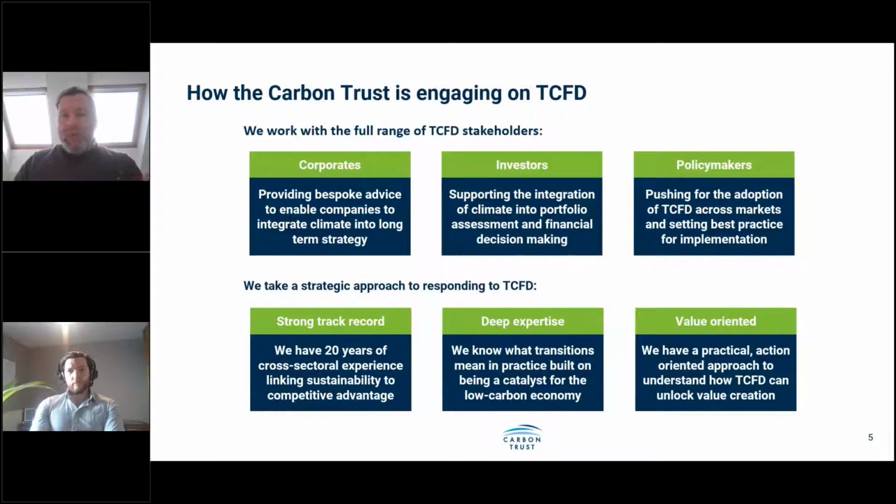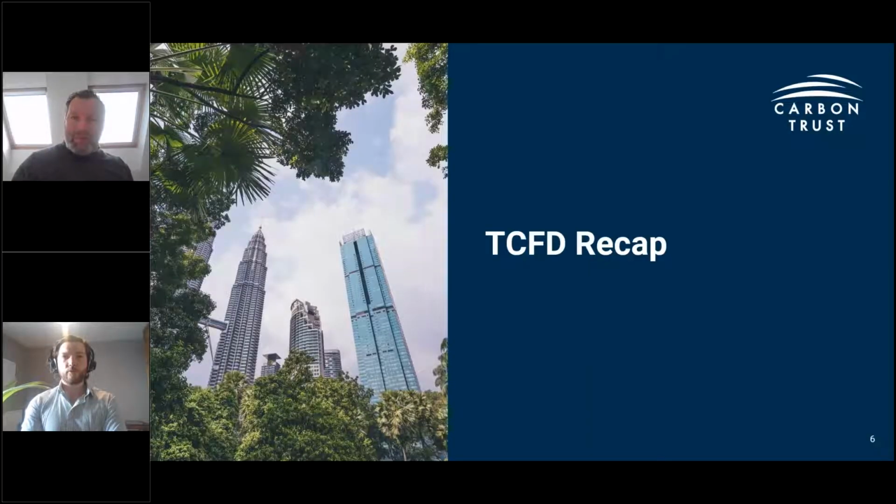I think the reason why we're well placed to do this is that we have a strong track record in providing corporate sustainability advice. Our mission has always been to turn good environmental performance into competitive advantage and really help businesses protect and grow business value. And we have a strong track record of doing that. So enough about the Carbon Trust.